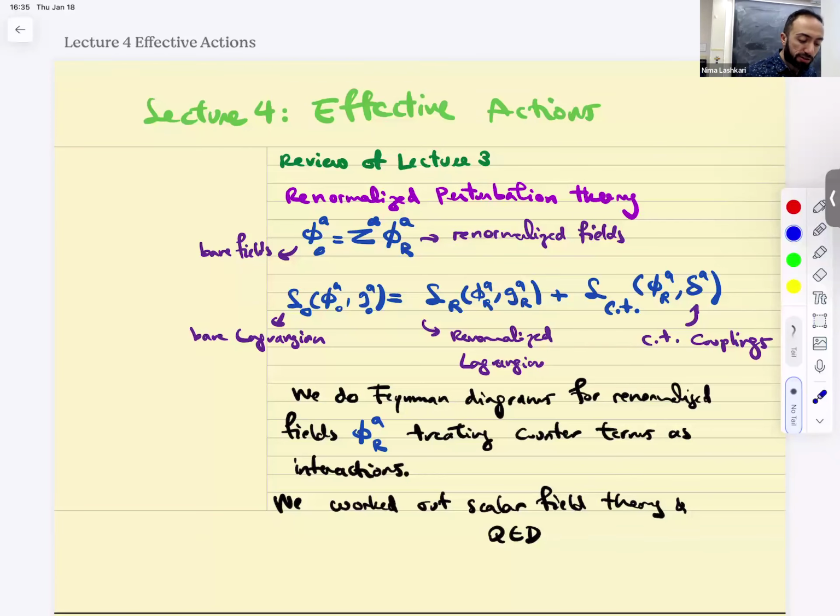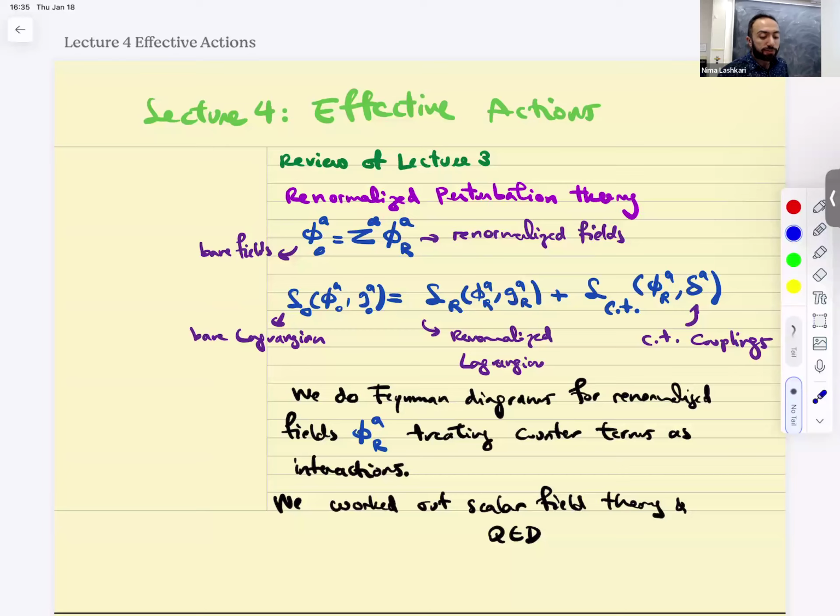Then you take the bare Lagrangian, written in terms of bare couplings and bare fields, and write it in terms of the renormalized Lagrangian, where both the fields and the couplings are renormalized, plus counterterms. Counterterm is whatever is this minus this, right? So these are counterterms in the coupling that we organize as a function of phi of r and a bunch of couplings, some values delta of a.